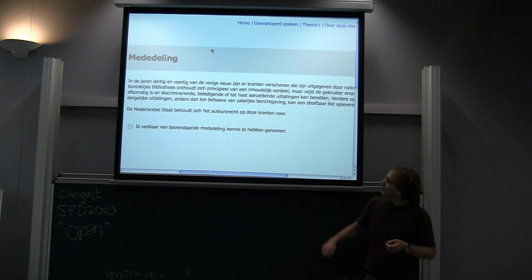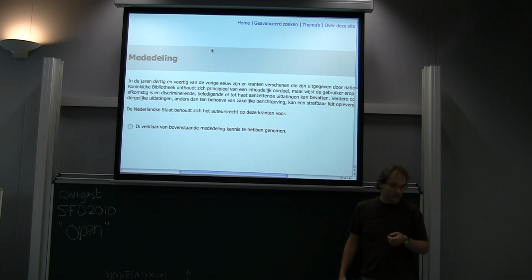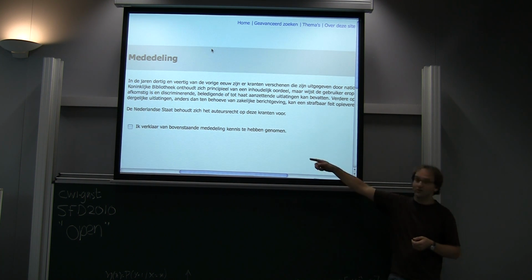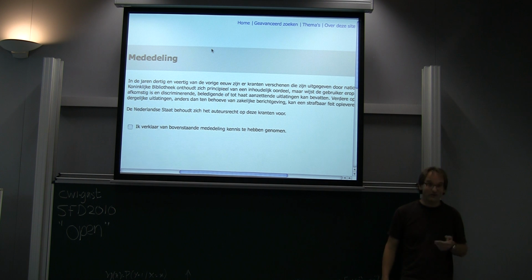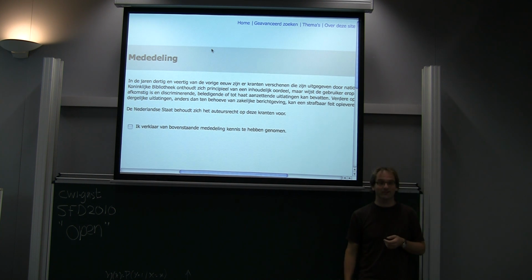And that all the copyrights still belong to the Dutch state, and I can only continue if I declare that I'm aware of all these facts. So the question is: is this still open data? And if it isn't, should it be?